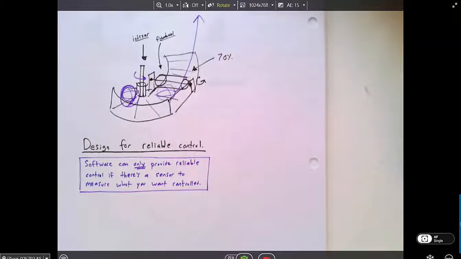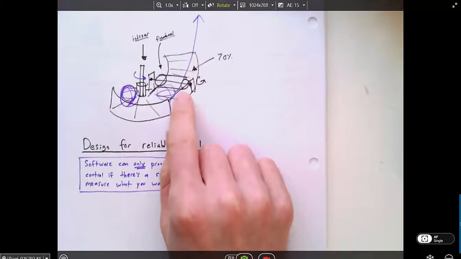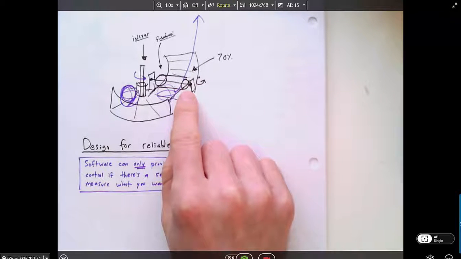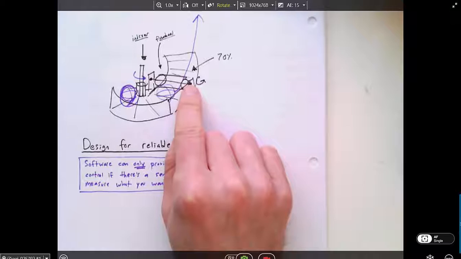So if it's true that the accuracy of our mechanism is very sensitive to the RPM of the flywheel, what you actually need to do is measure what you care about. You need to put a sensor that will let us measure what the RPM of the flywheel is. In our case, we ended up putting what's called a Hall effect sensor, which detects the presence of a magnetic field, and then we put a magnet on the shaft.